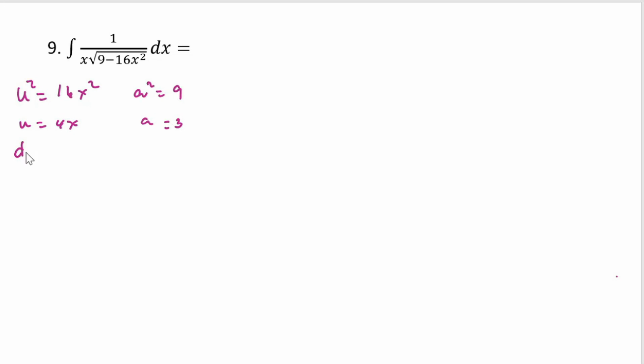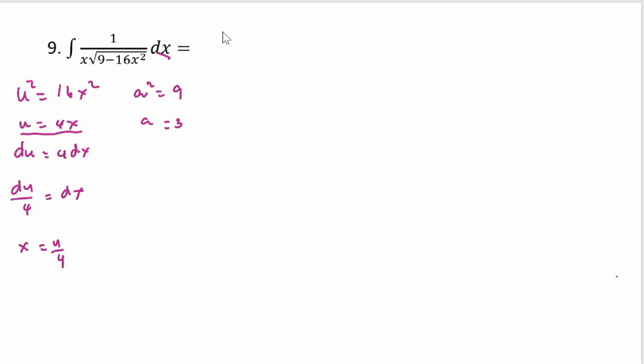Solving for the derivative of u from u equals 4x, we have 4 dx. So I have dx in the given, and I divide by 4, so du over 4 is equal to dx. But in the denominator we have x, so I'm going to define x from u equals 4x. Solving for x, x is equal to u over 4.